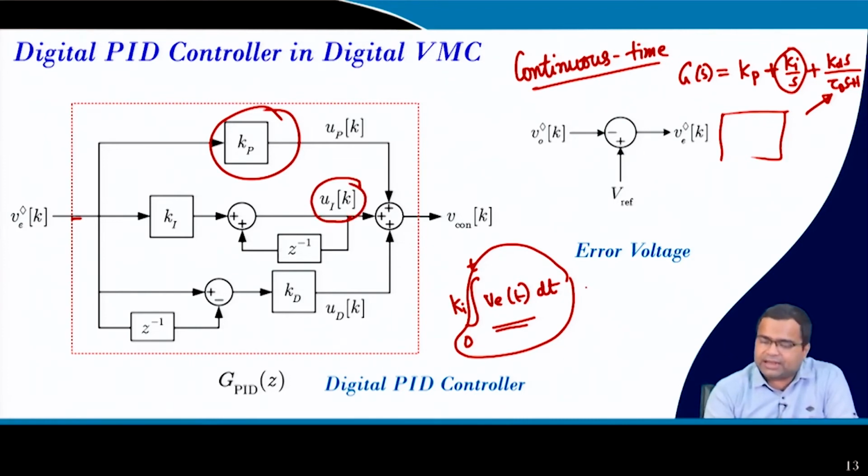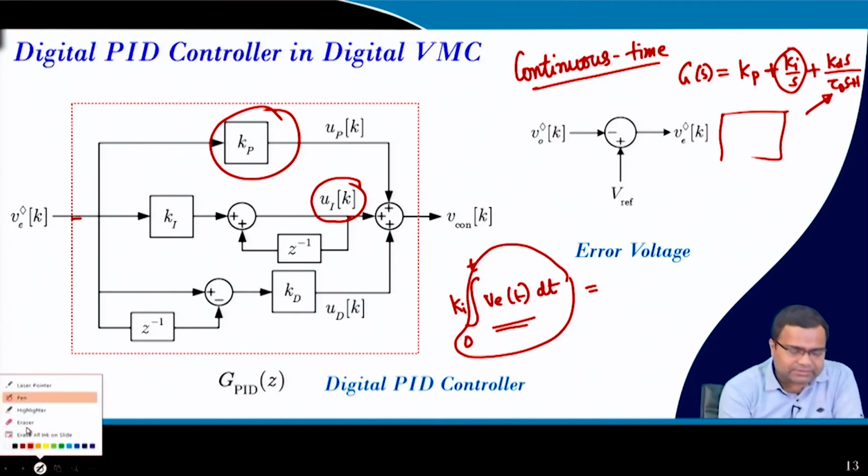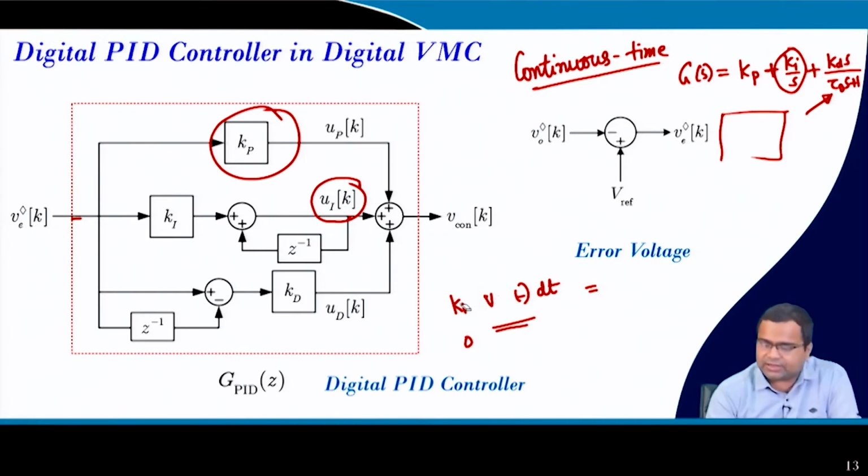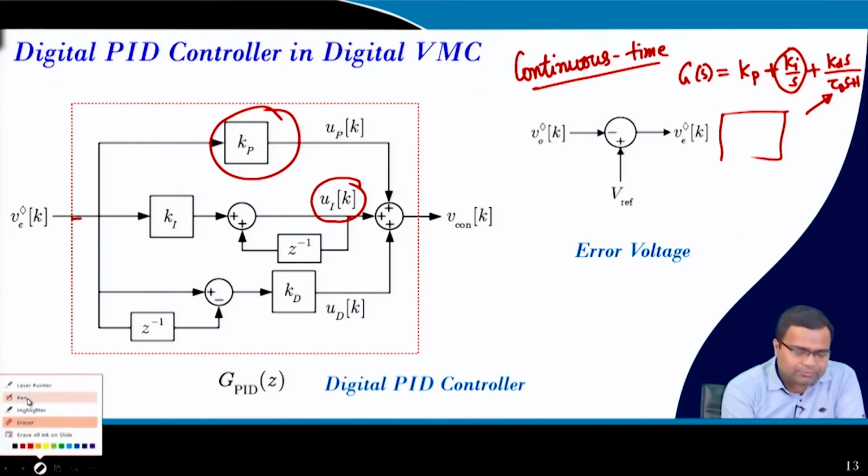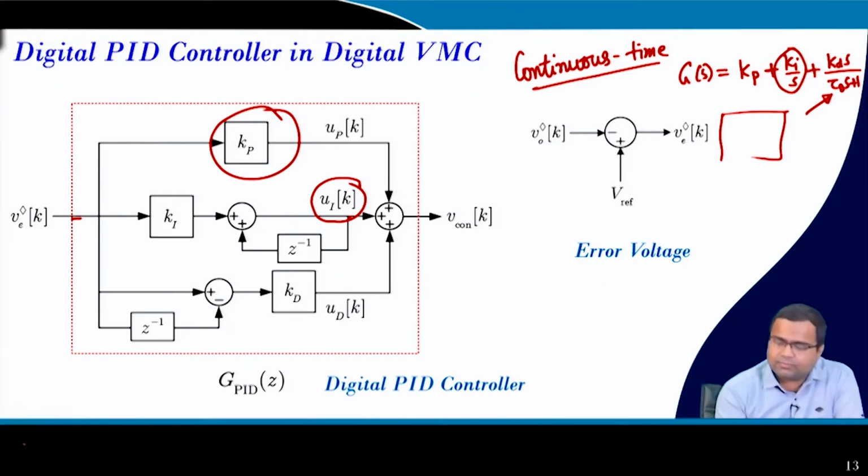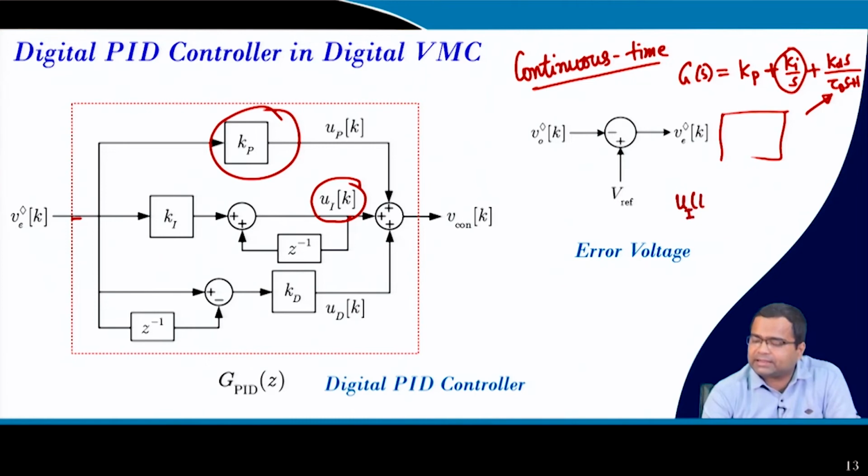Suppose we want to get u_I, the integral action, which is nothing but the analog gain Ki times the integral of e dt, from 0 to t.